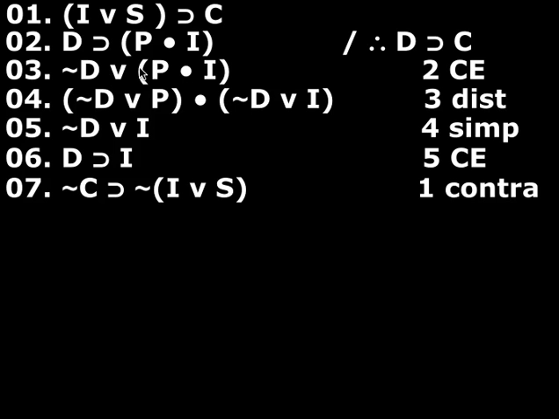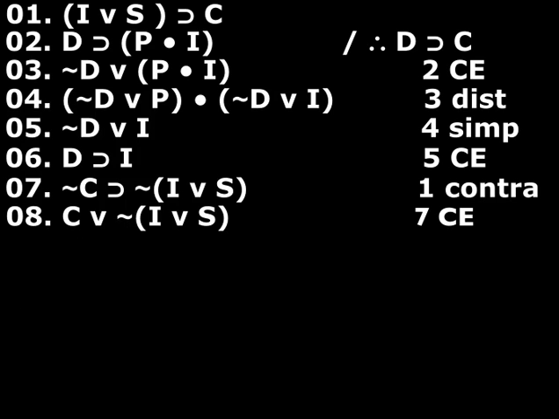But in order to do the distribution, I have to turn this into a disjunction where the second disjunct is a conjunction. Okay, right now this isn't a disjunction, and this component is not a conjunction. It's a negated disjunction. So I'm going to have to do a conditional exchange into De Morgan's. So conditional exchange, horseshoe becomes a wedge, negate the first component.